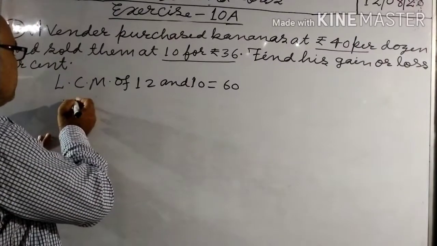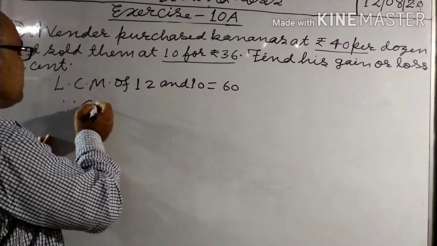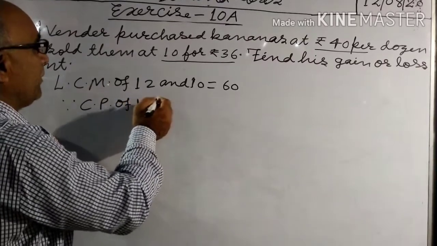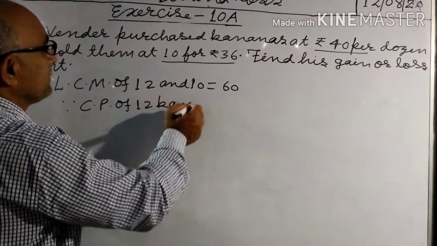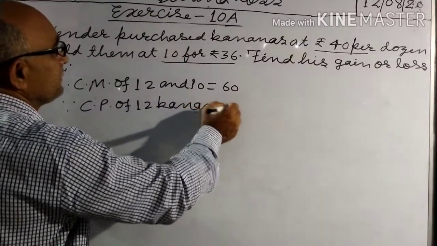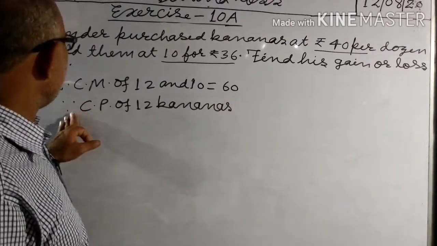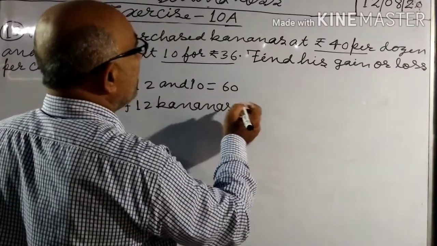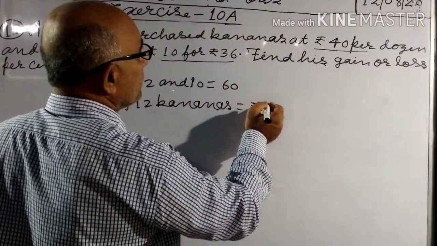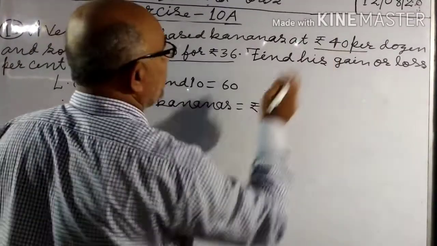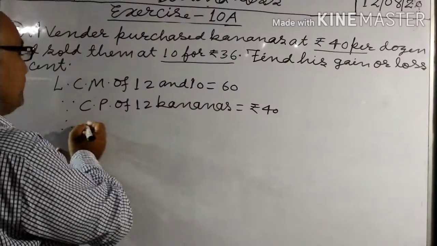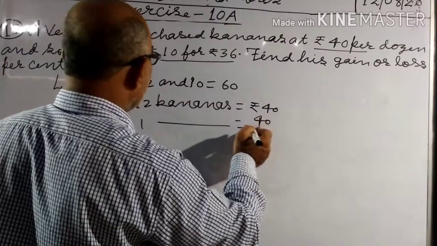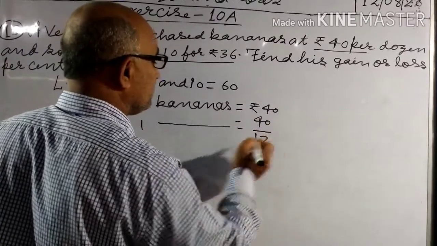Since CP of 12 bananas is equal to rupees 40, therefore CP of 1 banana is equal to 40 by 12.